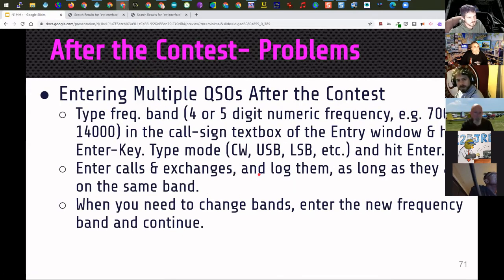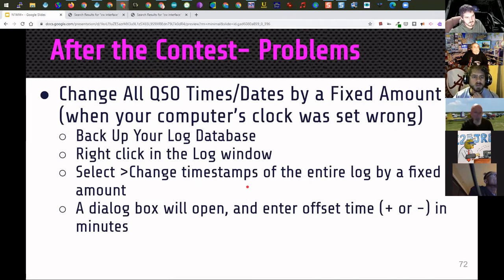Another thing you can do, this is just a little description of how it works. You just type in the bands you want, then you type in the information, the call signs, and so on, and then you go back and adjust the times when you're done. You can also, as I said earlier, if there's a problem with your computer, adjust all the times by a fixed amount. Say you want to adjust your computer to be 55 minutes earlier than it was before, or whatever.